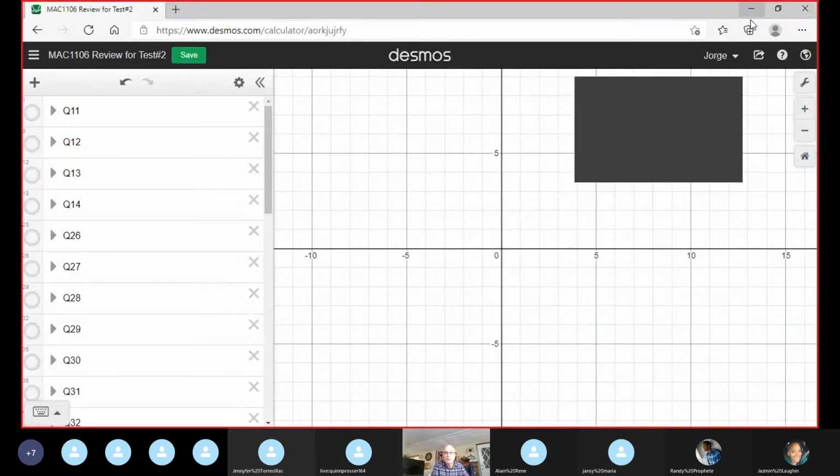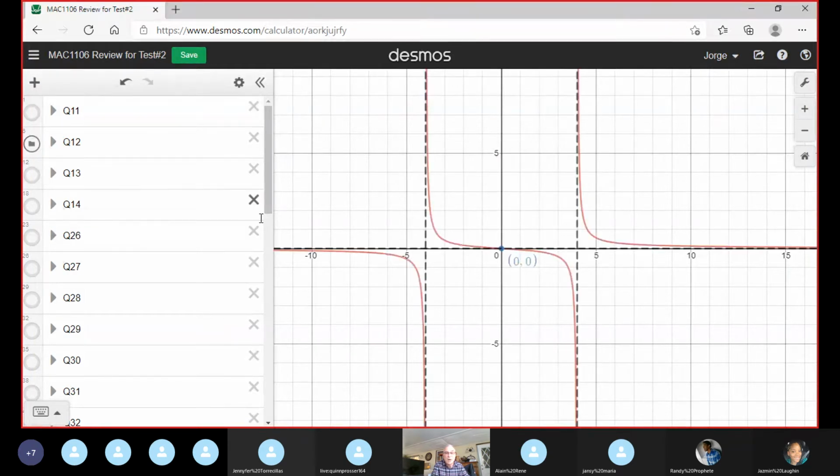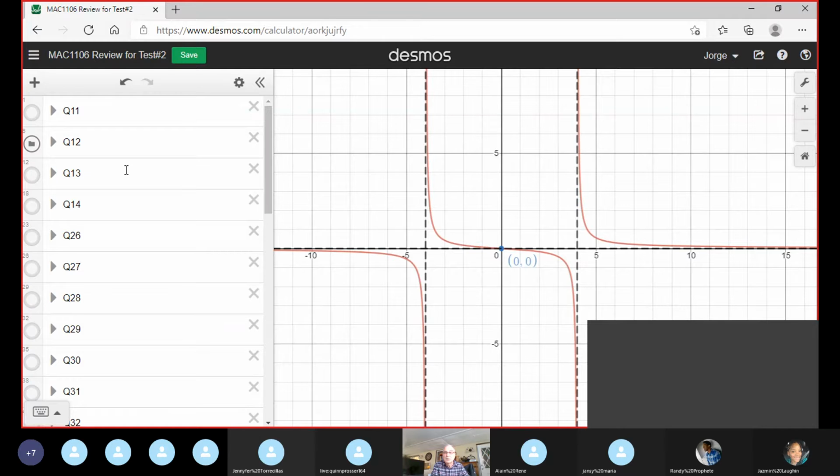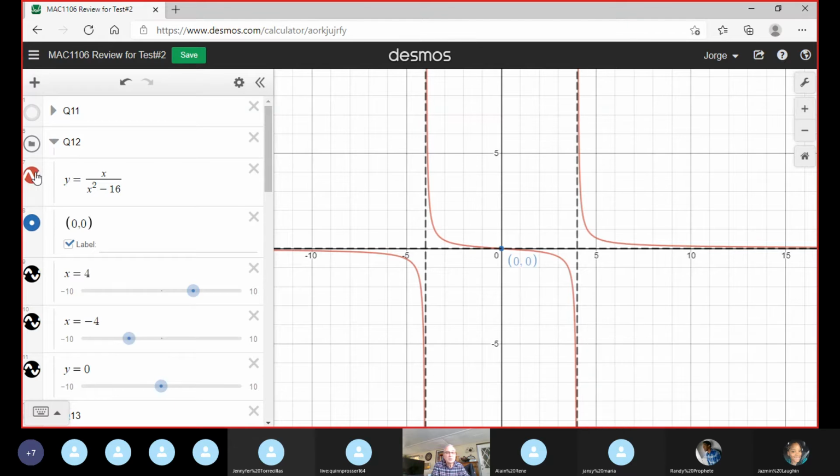Okay. Do you see the decimal? Question 12. Bang. Look at that. This is the original, I put it in red color. I don't know why. This is the famous 0,0 point.